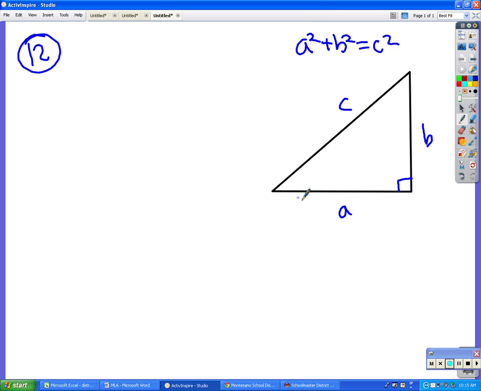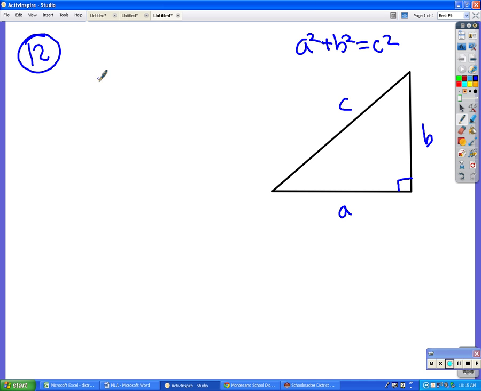A and b are the sides that form the right angle. C is the hypotenuse. I like to call it the slanty side, and it is across from the right angle.